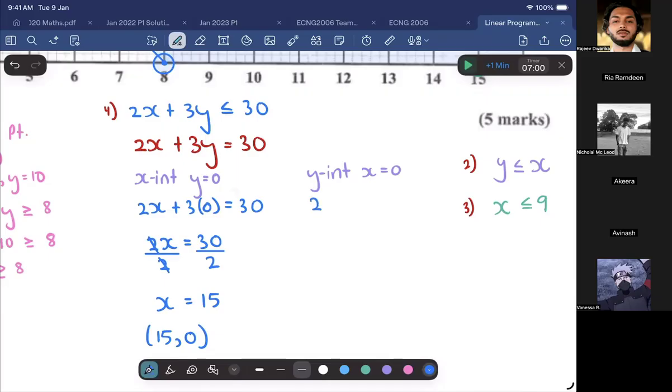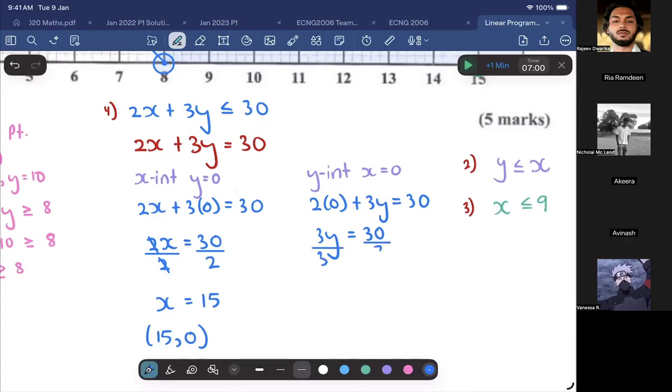2 bracket 0 plus 3y is equal to 30. Right, what is 2 by 0? 0. What is 0 plus 3y? 3y. How would I find 1y? Divide both sides by 3.